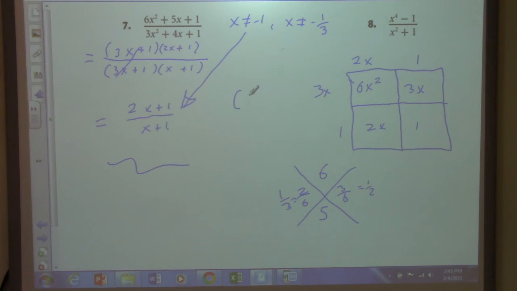So you have x plus 1/3 and x plus 1/2, and bottoms up, you get 3x plus 1 and then 2x plus 1, right?